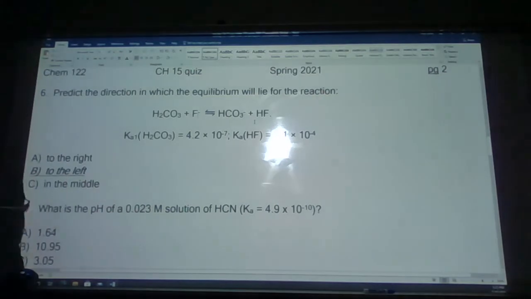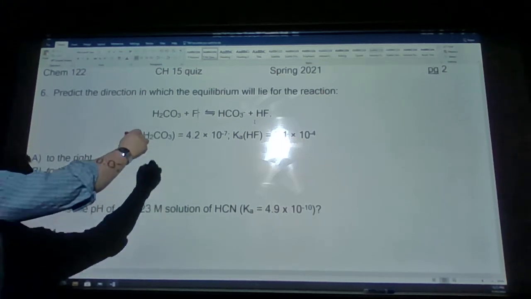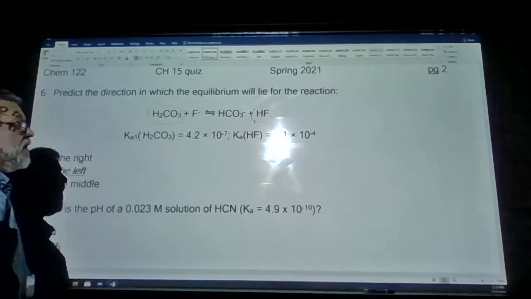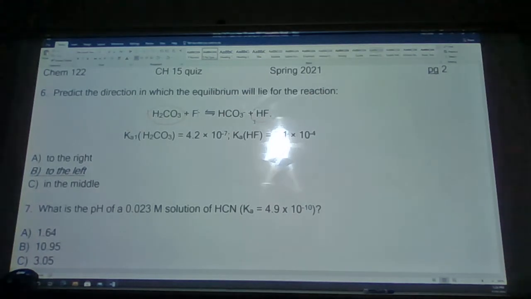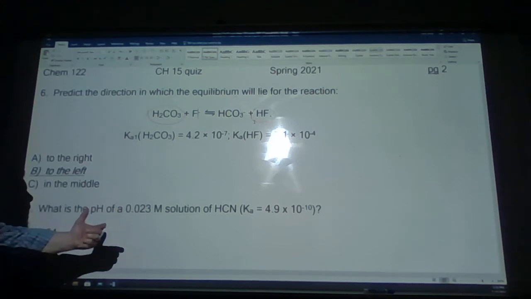Essentially, we're asking which of these is the strongest acid. We have two acids, carbonic acid and HF. Whichever one has the larger Ka value, the smaller exponent, will be the stronger acid.